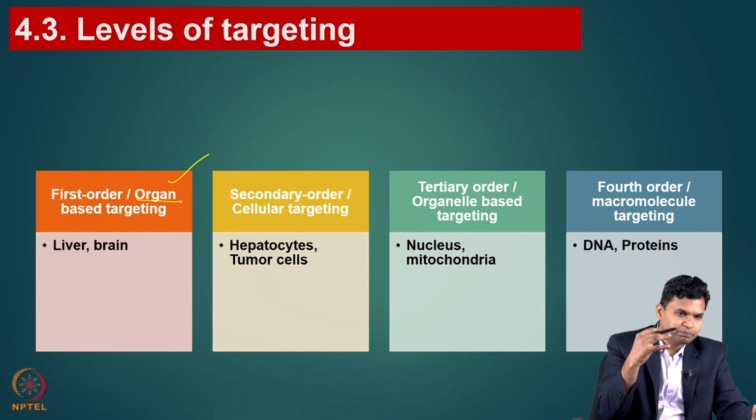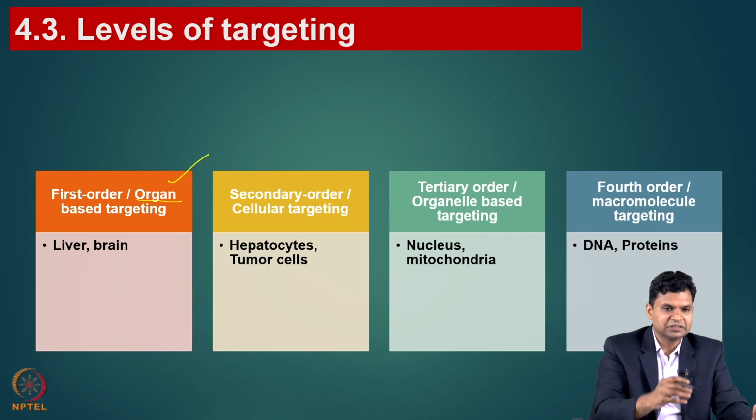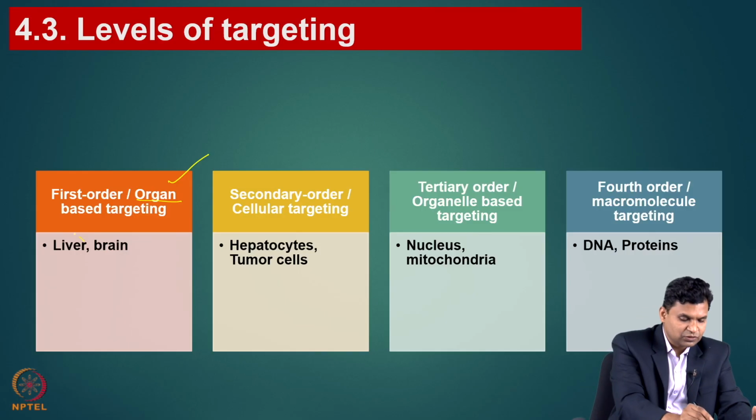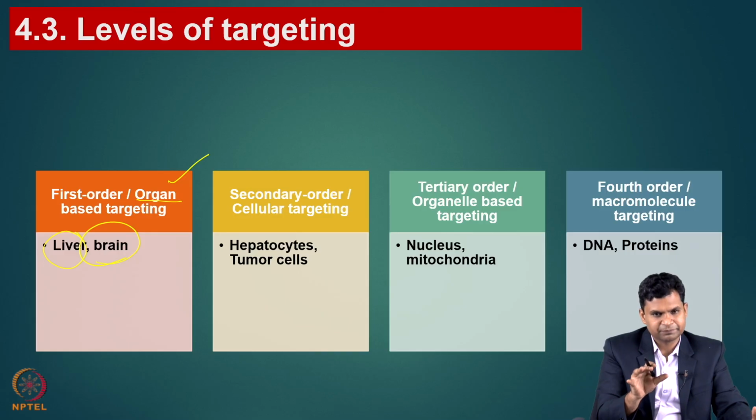If you target your systems based on the organ, it is considered organ based or first order targeting. We can target the liver, the brain and other organs, and even pulmonary targeting is possible. These are called first order or organ based targeting.